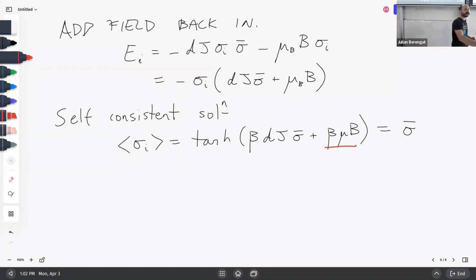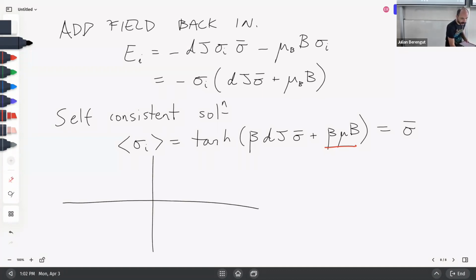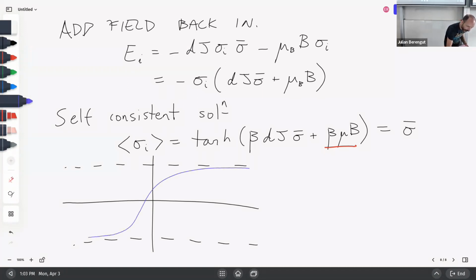What does that extra term do? Exactly. All you do is you shift the tanh function a little bit. So now it does this. It's my attempt to draw again.